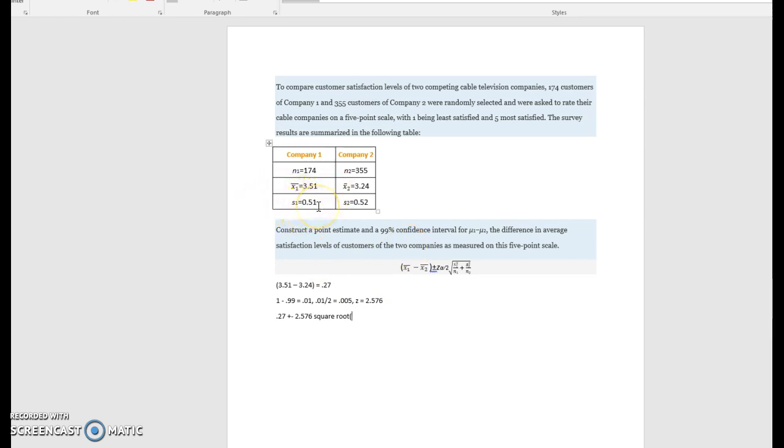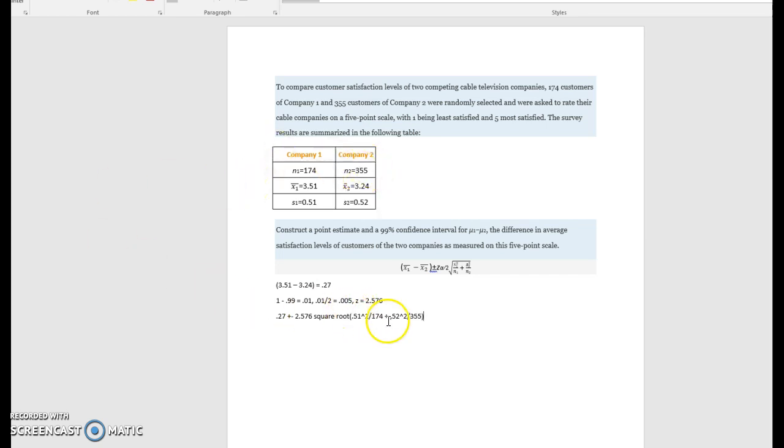S1 is 0.51 squared, and we want to divide that by n1, which is 174. All right, and then we need s2 squared, which is 0.52, squared, divided by n2, which is 355.